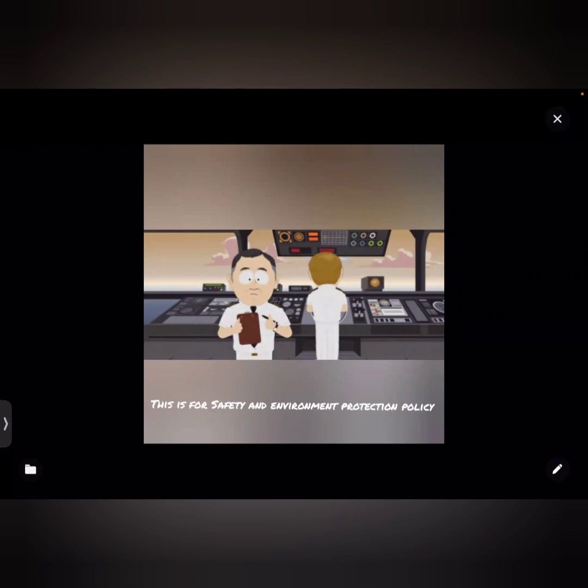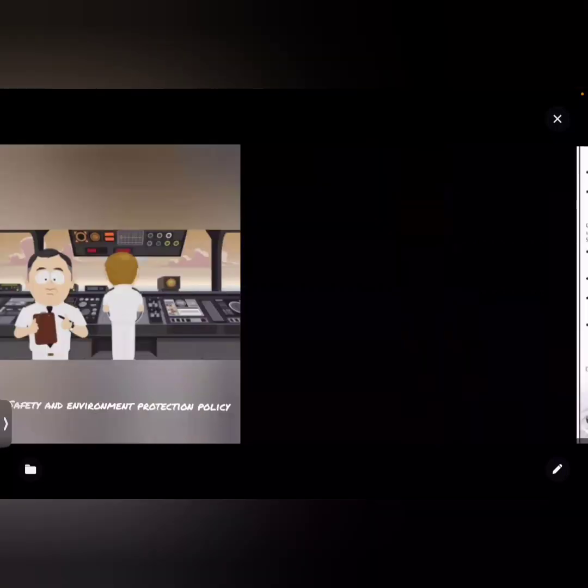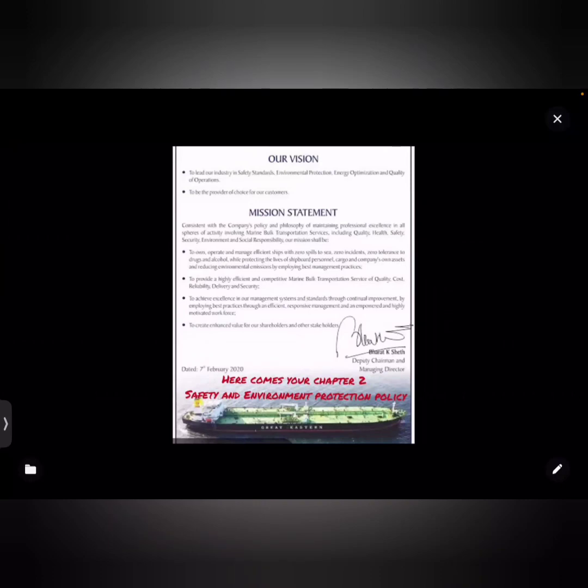This is for safety and environment policy." And here comes your chapter number 2, safety and environment protection policy, in which the company states its vision and mission regarding the safety and environment policy which they are going to implement on board the ships.